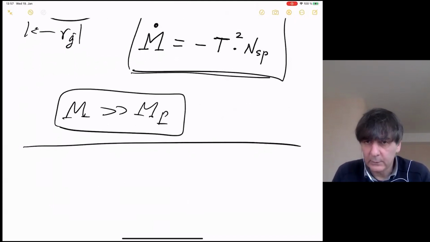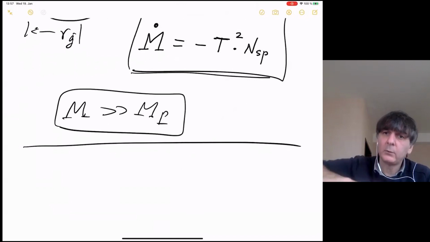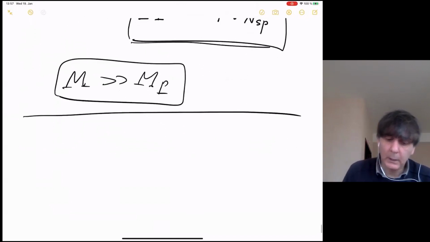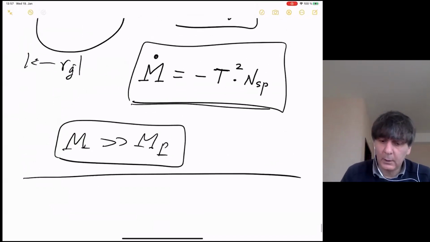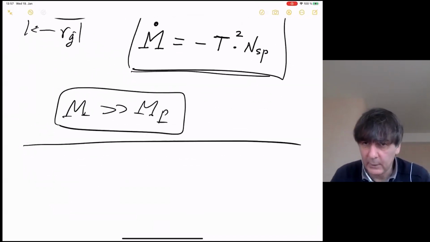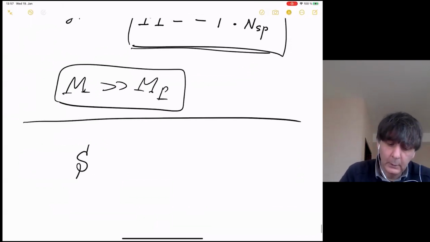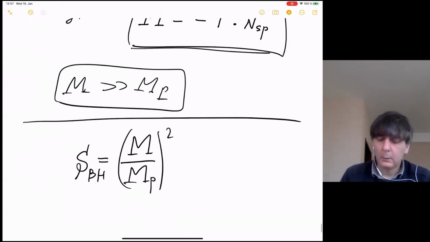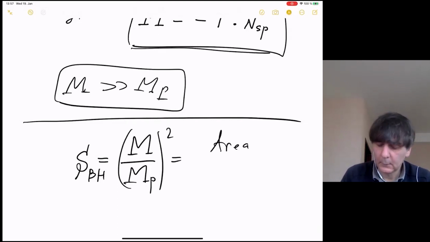the extremely important property, is that they carry entropy. They have huge microstate degeneracy. Of course, for entropy, we have to consider finite mass, because the so-called Bekenstein-Hawking entropy of a black hole goes as black hole mass divided by Planck scale squared, which you can also translate as the area in units of Newton's constant.